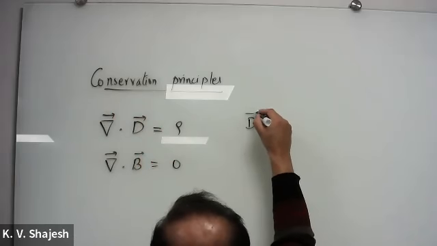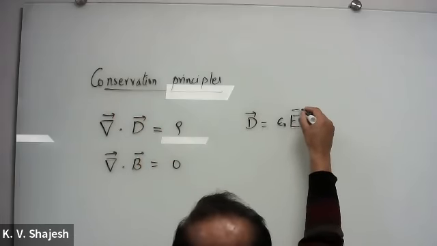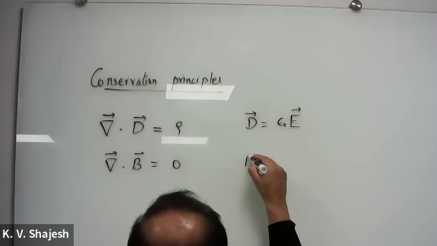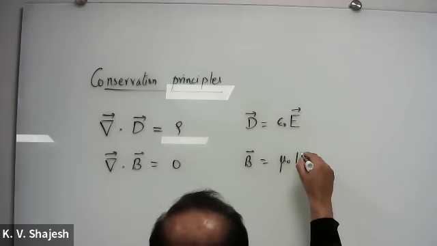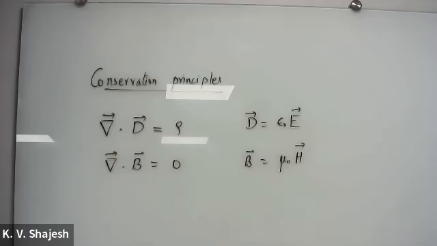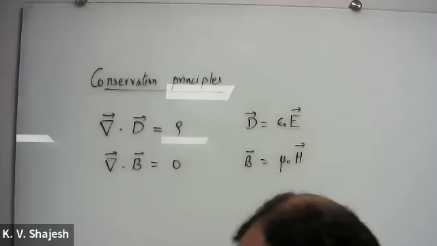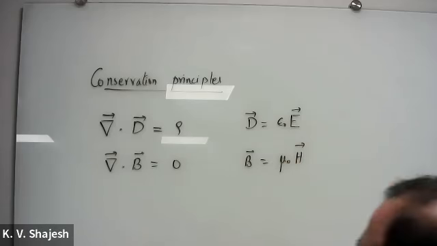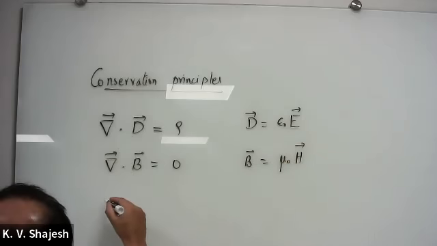Here the definition is that D is equal to epsilon naught times E, and B is equal to mu naught times H. If materials are involved, this has to be written in the frequency space, and there are details in there, but the expectation is that we have covered those things in the earlier semester, and now we are interested in the time dependence.